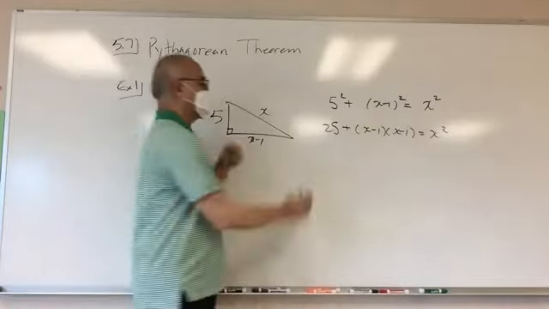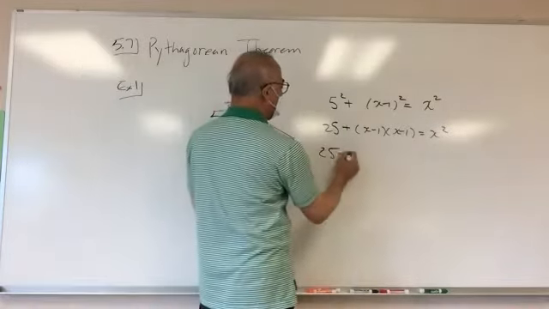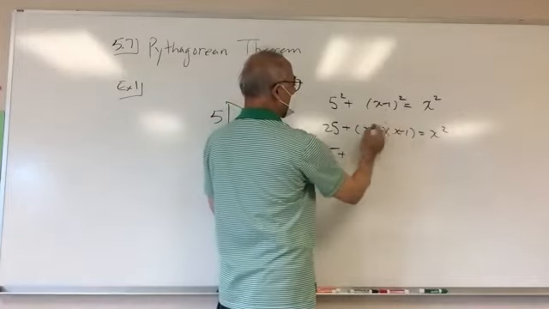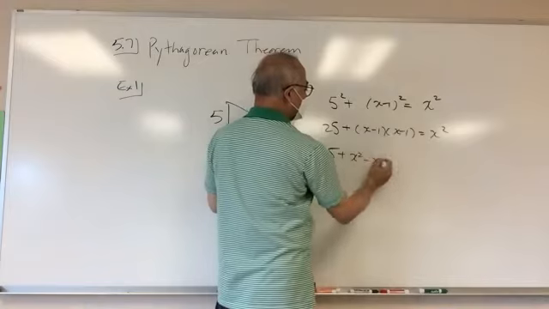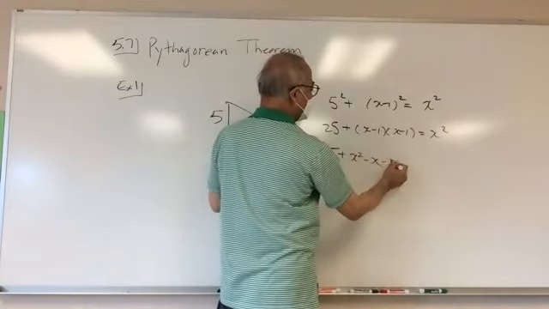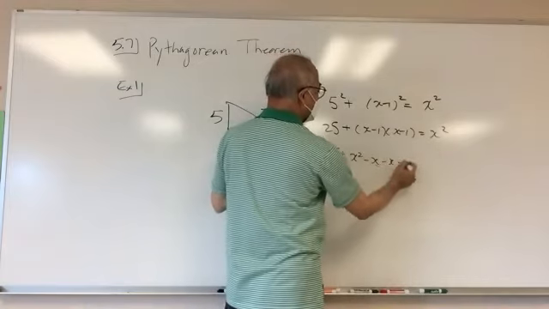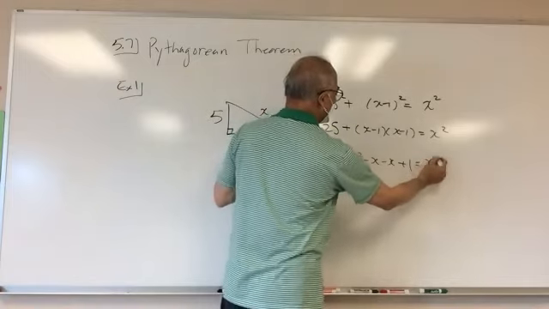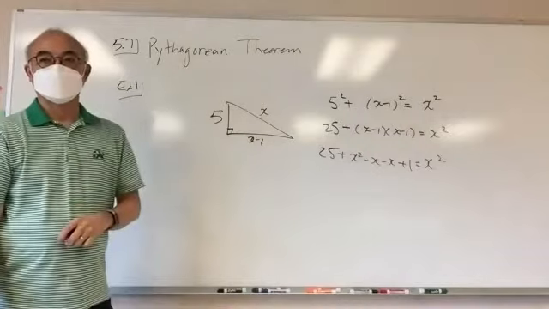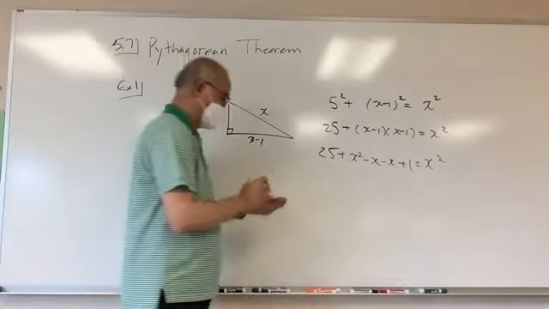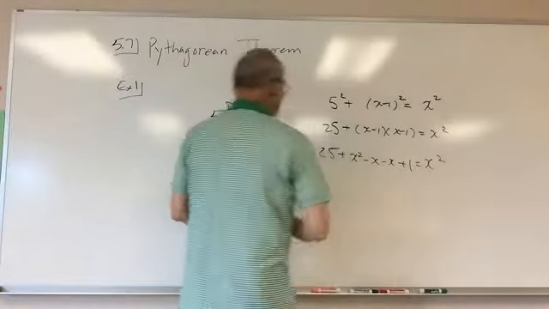25 plus x minus 1 squared is equal to x squared. Okay. Now I go do the distributive law. I get x squared minus x minus x, minus 1 times minus 1 is plus 1. Right?